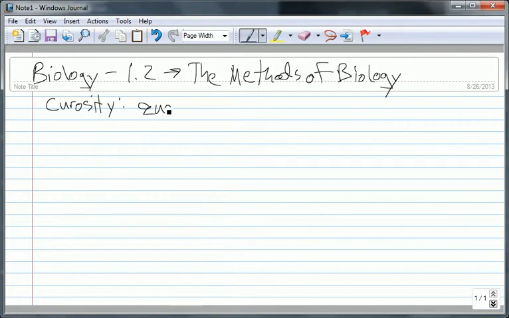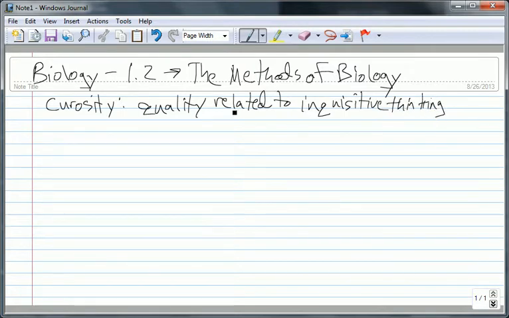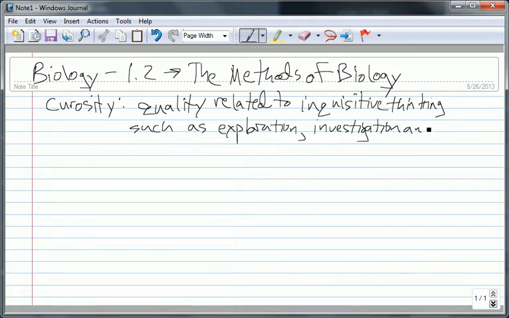This is the quality related to inquisitive thinking, or trying to figure out what's going on, such as exploration, investigation, and learning. So that's curiosity. It is one of the key elements of what it means to be an animal. Most animals have this, cats especially.